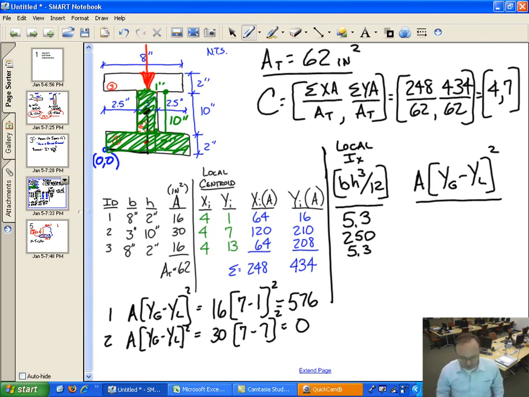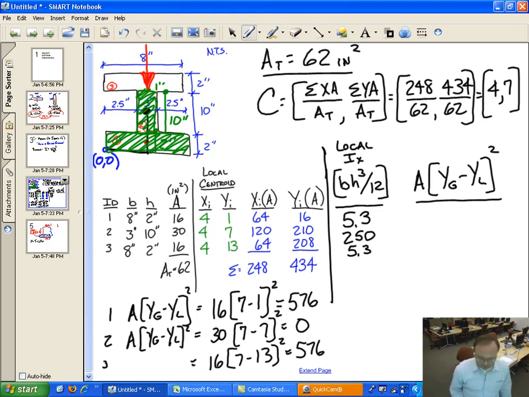So there is no additional resistance by being offset. Then 3 is equal to 16 times 7 minus 13 squared, which is 576. You notice it didn't matter if you were down or up. The square accounted for that. Negative distance, positive distance, squaring it accounted for that.